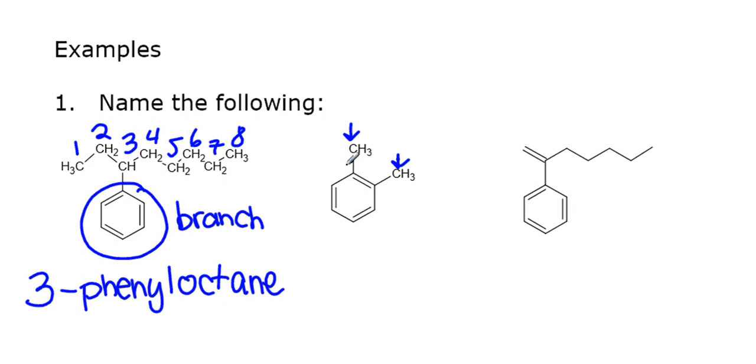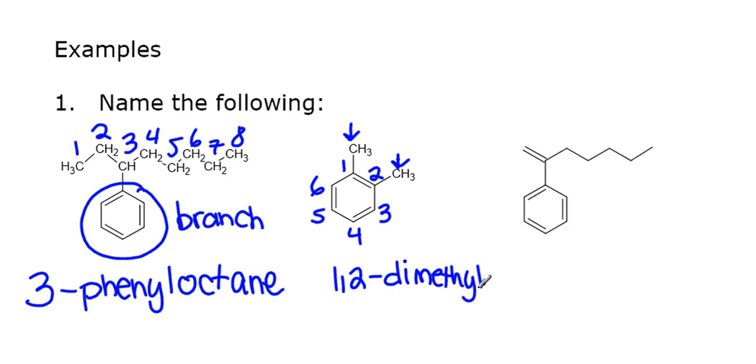I want to number my branches the lowest possible, so I'm going to give them 1 and 2, and just note my numbers around 6. When I go and name this, I'm going to get my 2 branches first, 1, 2. They're both methyl, so dimethyl. And since benzene is the main part of the chain here, it's going to be called benzene on the end. So 1,2-dimethylbenzene.